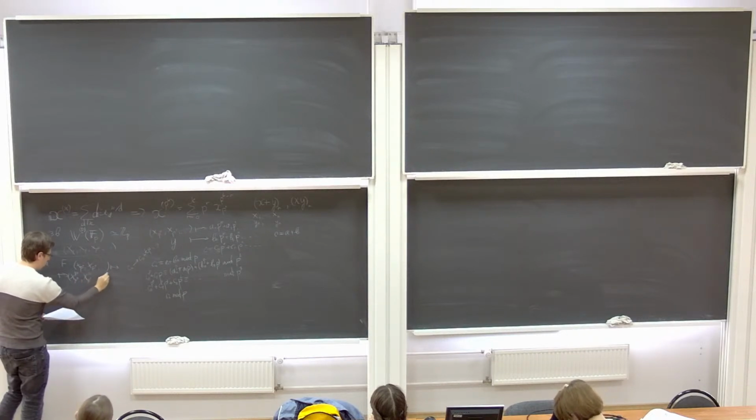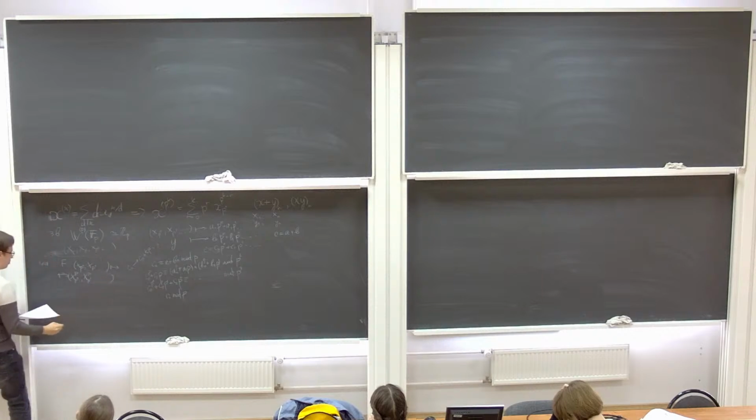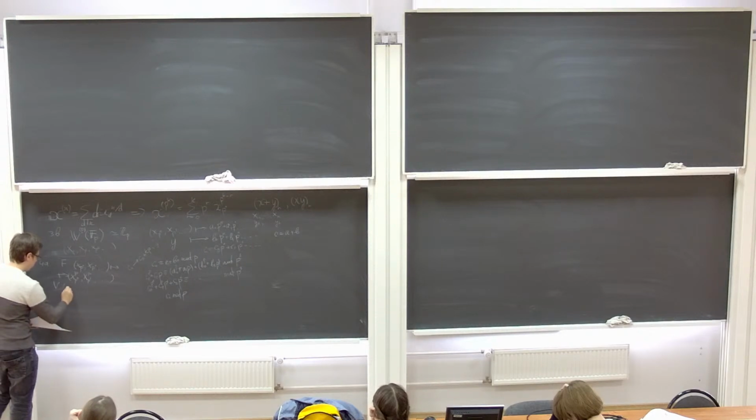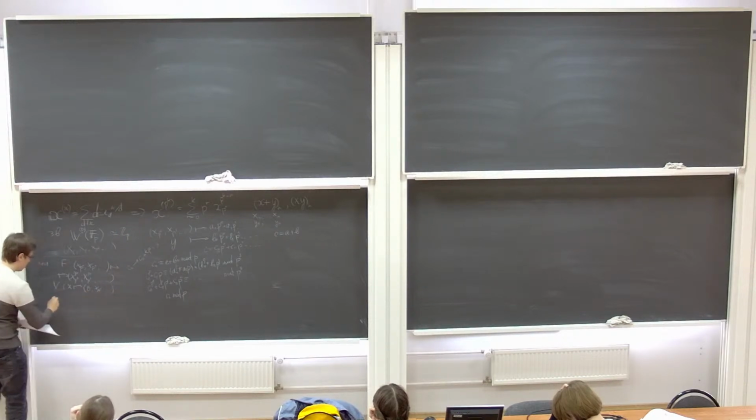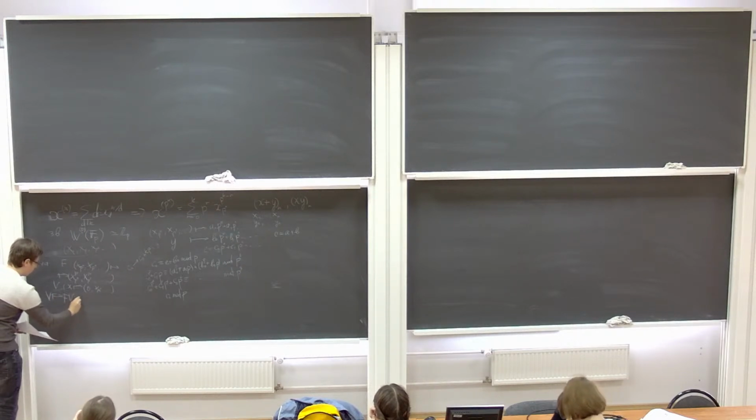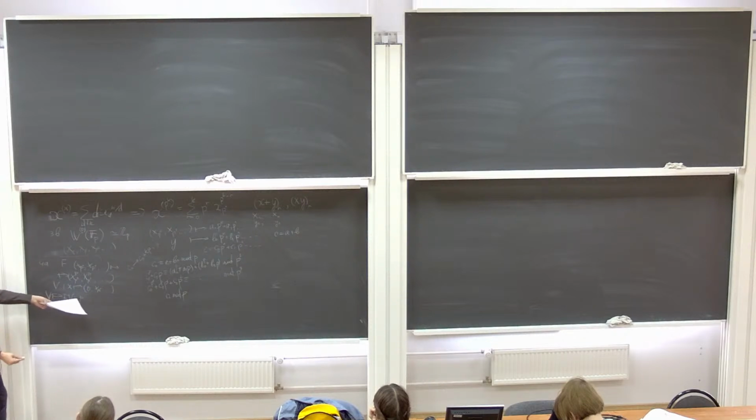So it's the Frobenius automorphism, and V will be the right shift. It sends x to 0, and we want to prove that VF is equal to FV, a multiplication by p in the Witt algebra.